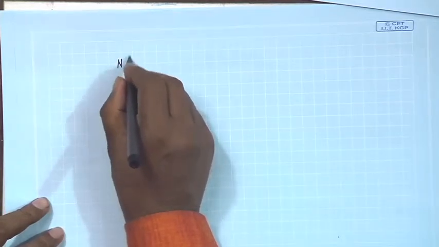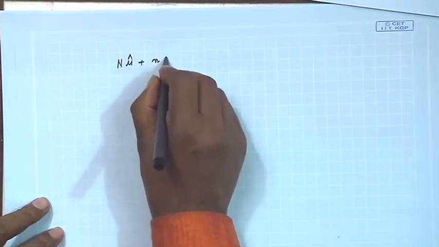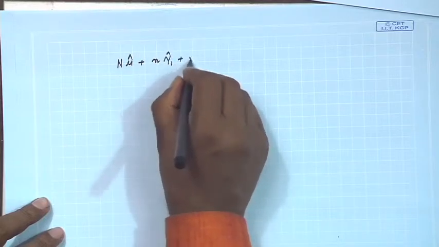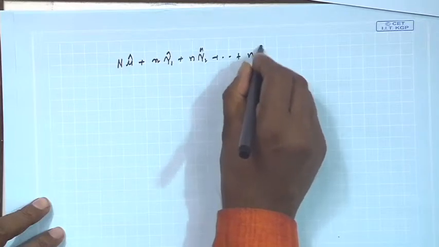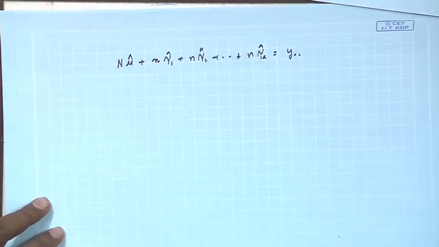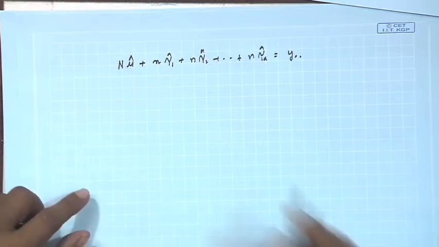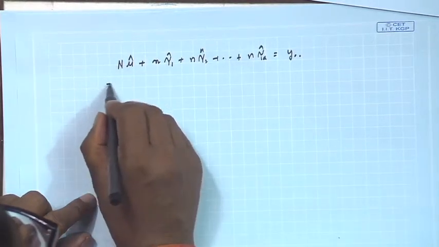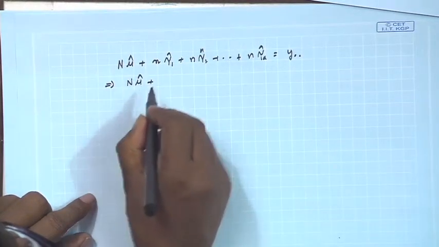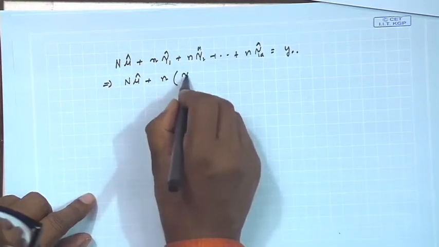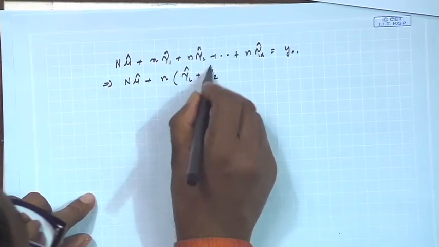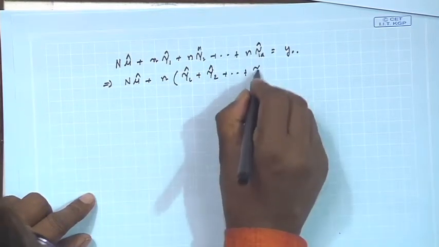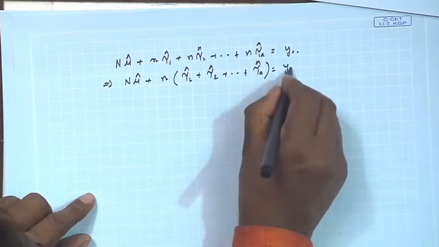So what we got: n mu cap, small n tau 1 cap, small n tau 2 cap, like this, small n tau a cap, equal to y dot dot, that is the grand total. Then if we take n common, this is n mu cap plus n times tau 1 plus tau 2, all caps, plus tau a, equal to y dot dot.